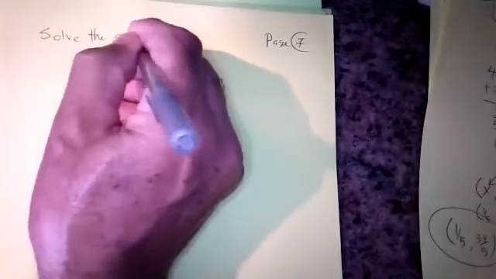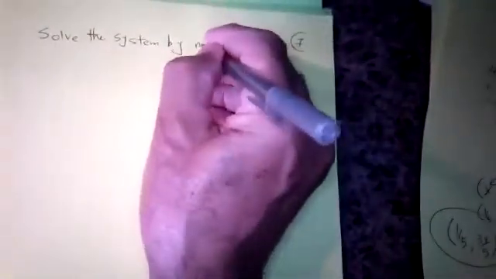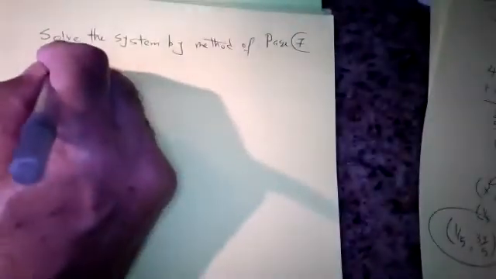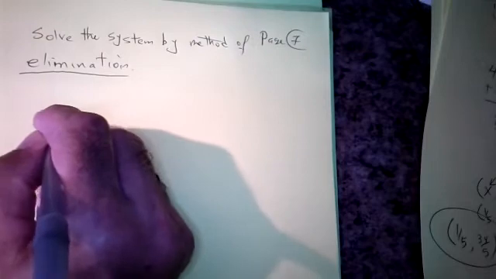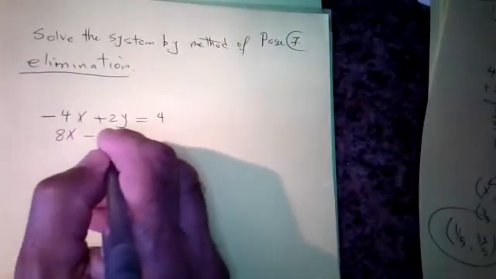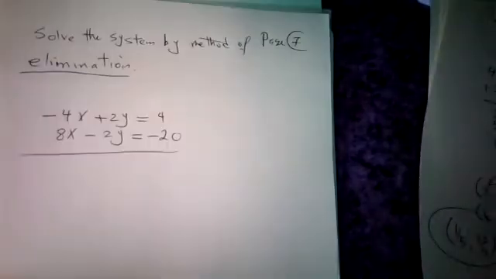They call it method of elimination, or sometimes they call it addition and subtraction, right? So method of elimination is like this.